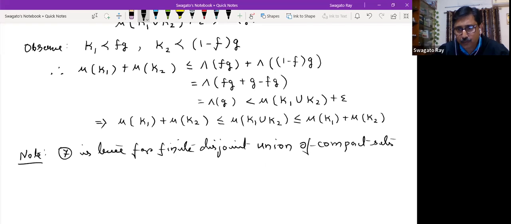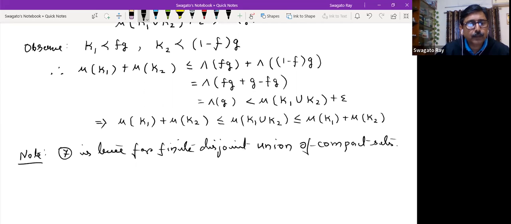So what we have actually proved is that for compact sets, this measure mu, which we have constructed, is actually finitely additive. That is, if you have finitely many compact sets which are disjoint, say K1, K2 up to Kn, then mu of the union of Ki is equal to the summation.